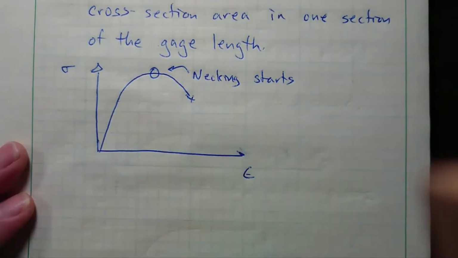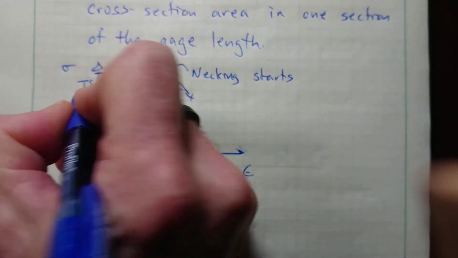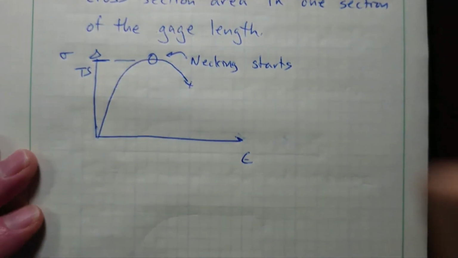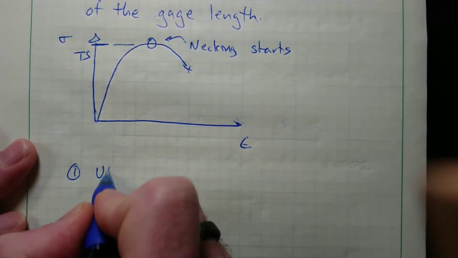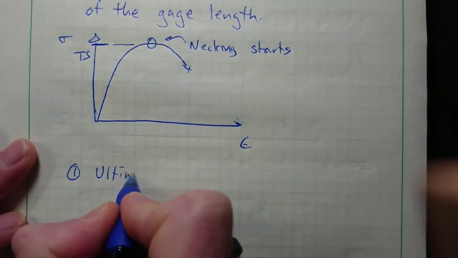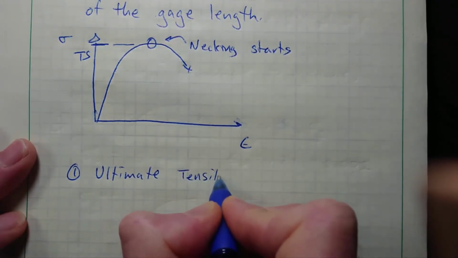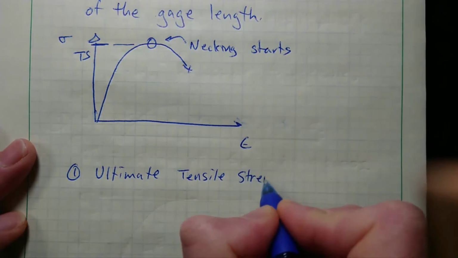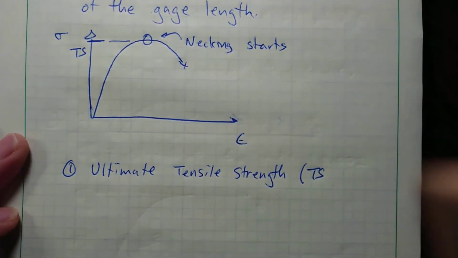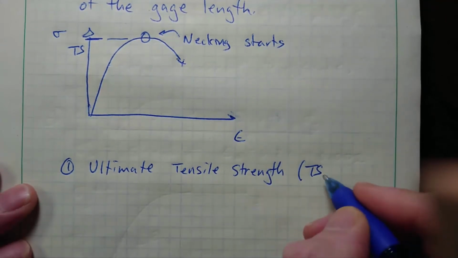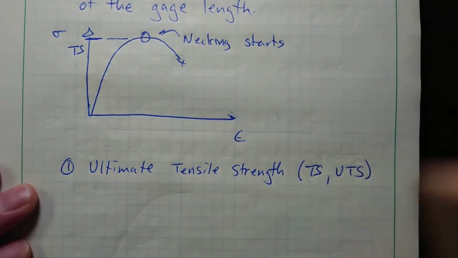Okay, and the stress that corresponds to that particular event is called the tensile strength, often referred to as the ultimate tensile strength. I think I usually use the letters TS for that. Some folks will write it as UTS.